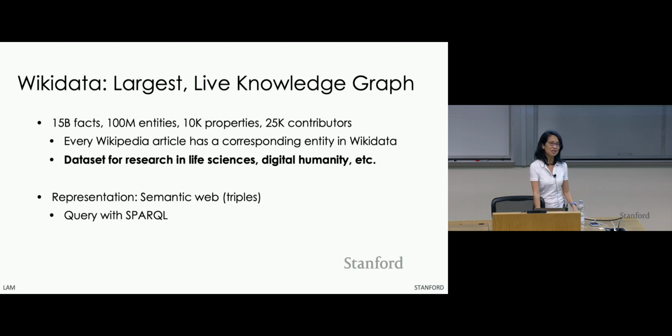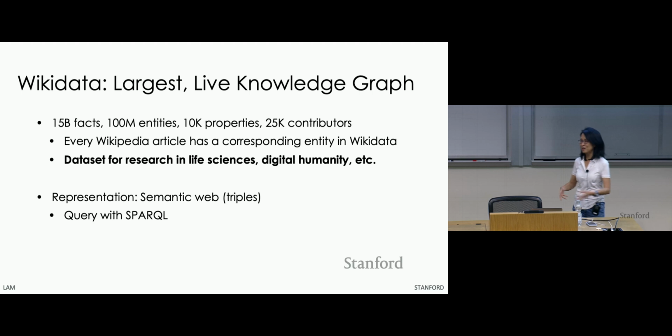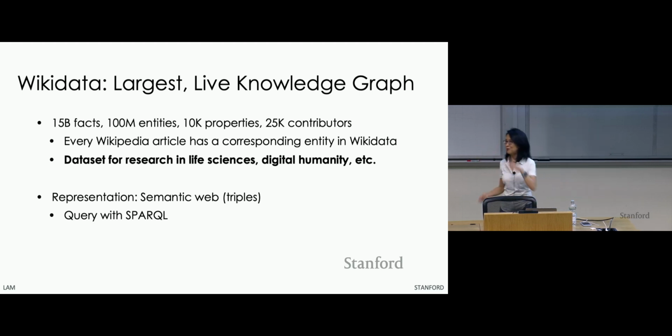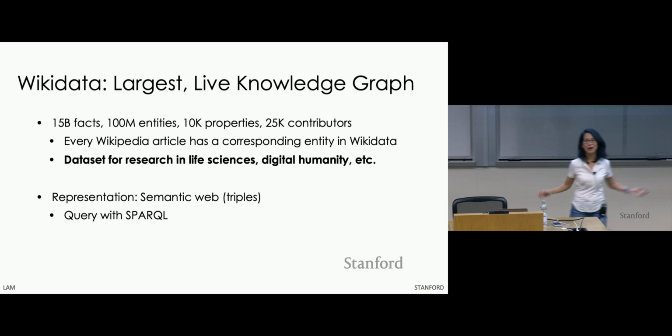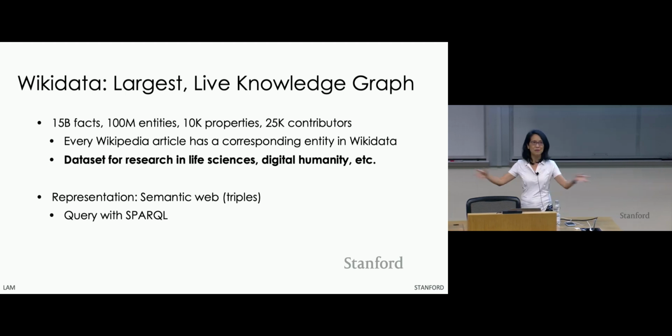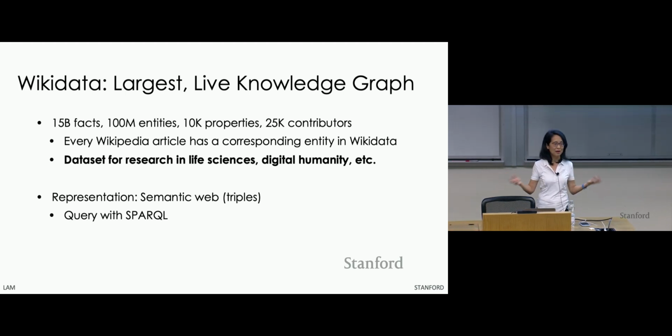And the representation is not a table. Why? Because we're talking about everything from people to places to drugs to medicine to physics to whatever it is. There are just many, many different kinds of information, and things are actually represented in a graph. And the query language is SPARQL.